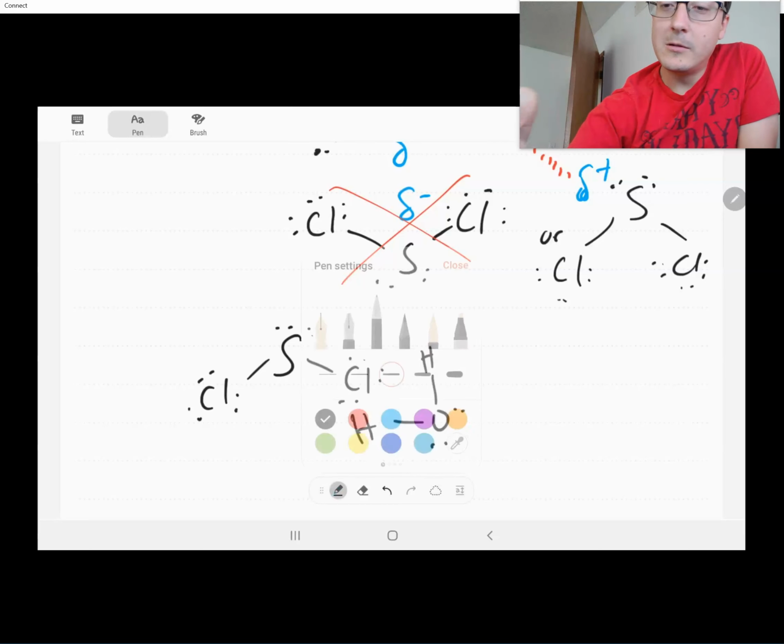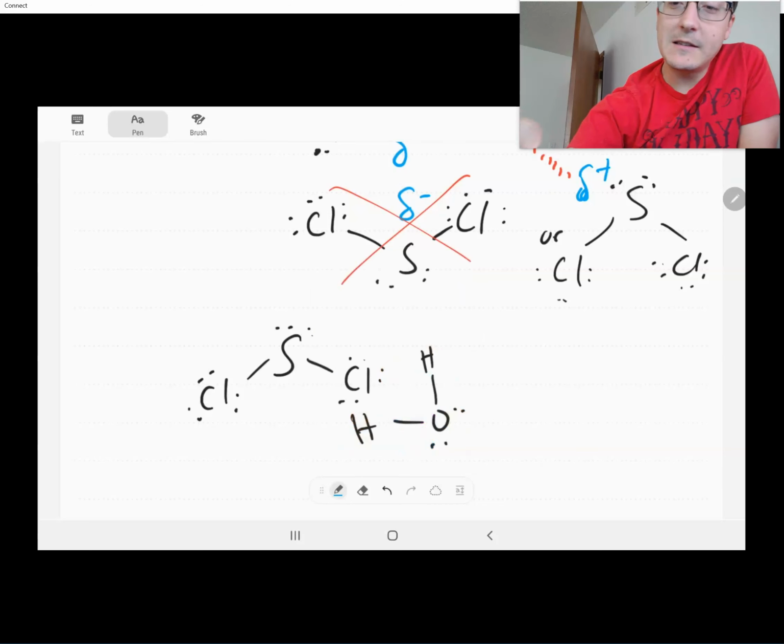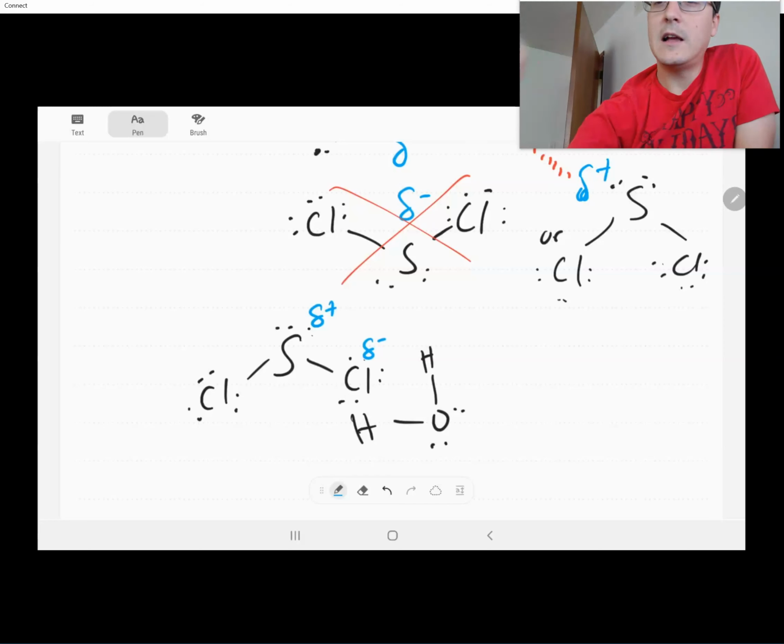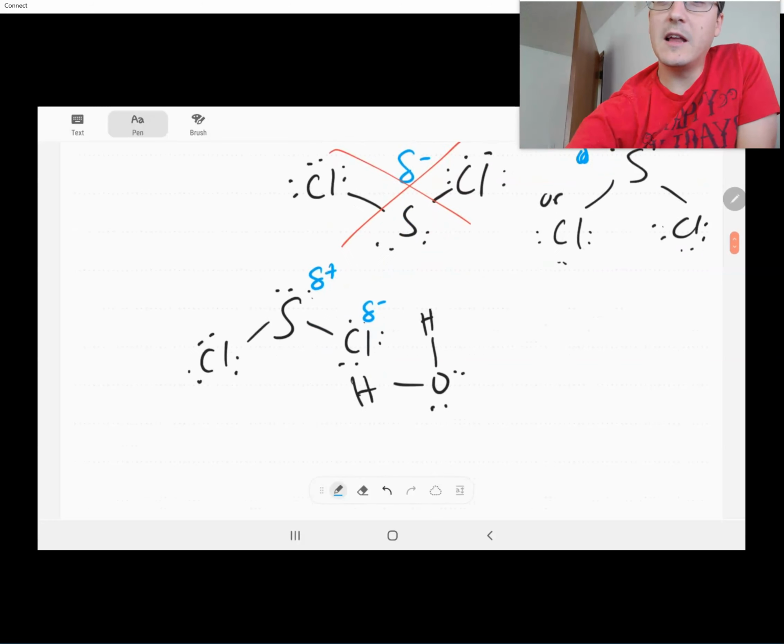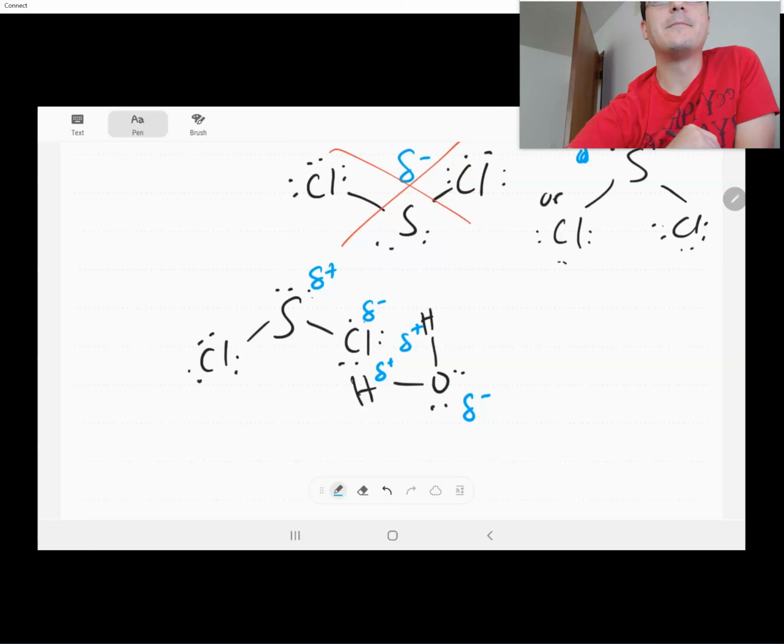Okay, there we go. We remember that this side was slightly negative, this side slightly positive. And oxygen being more electronegative than hydrogen means these hydrogens are going to be positively charged. And so we're going to have a nice happy interaction between those hydrogens and the chlorine. Slightly positive attracted to slightly negative.